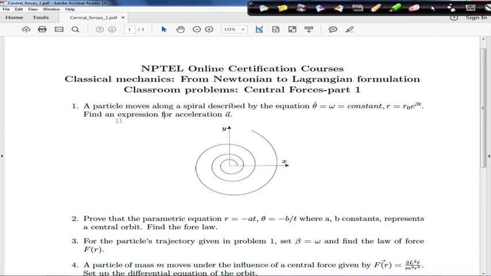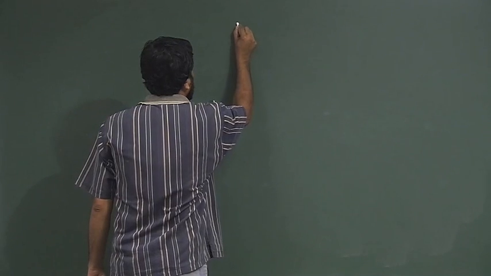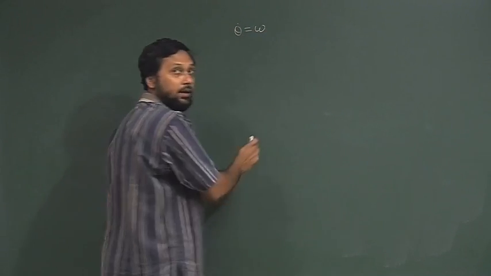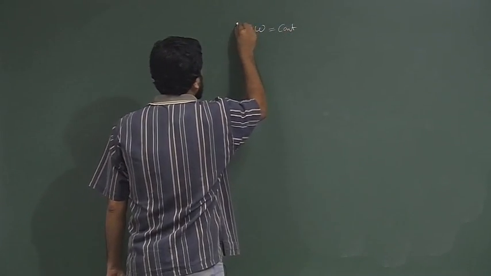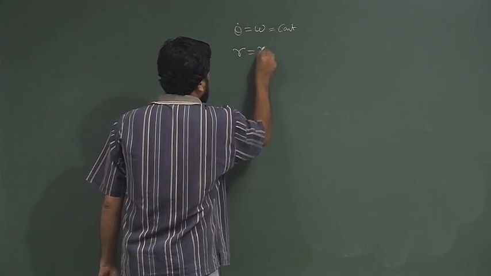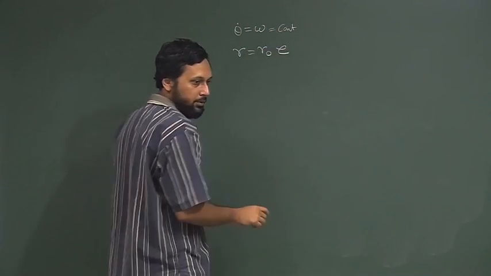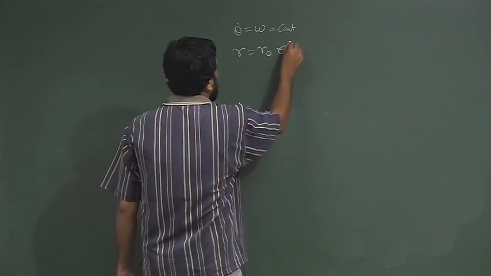We have to find an expression for the acceleration a. So, what is given? It is given that theta dot is equal to omega, which is a constant, r equal to r0 e to the power beta t, right.